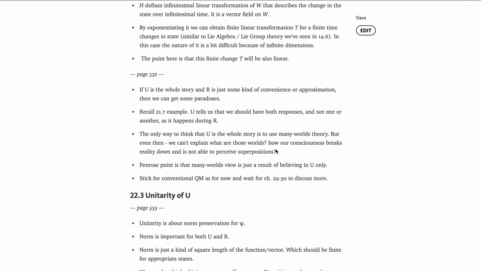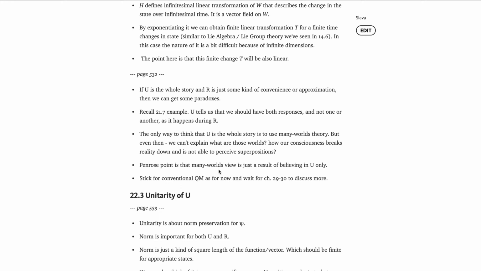So Penrose points out that the many worlds view is, in his personal opinion, just a result of believing in U only. So it's giving up on explaining the interconnectedness between U and R and what R actually means.